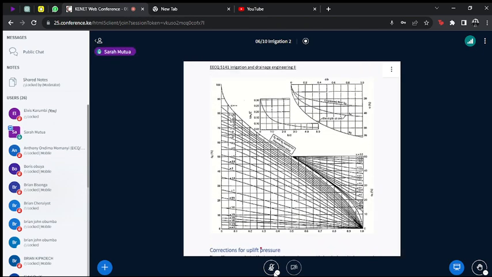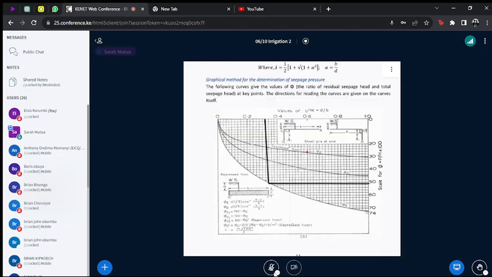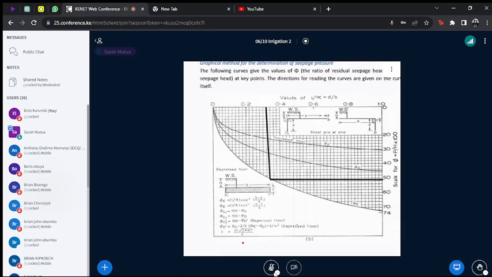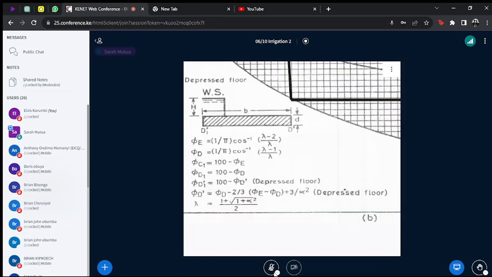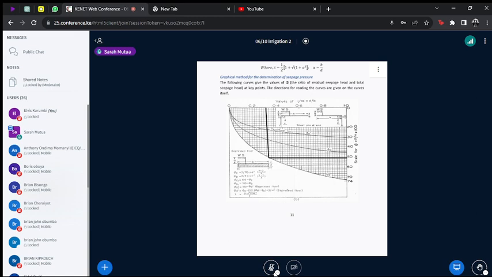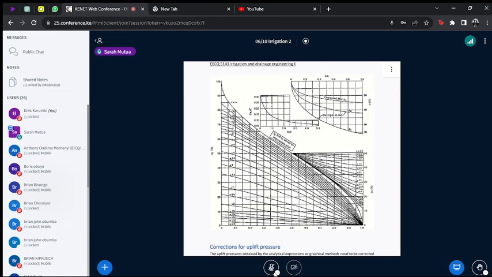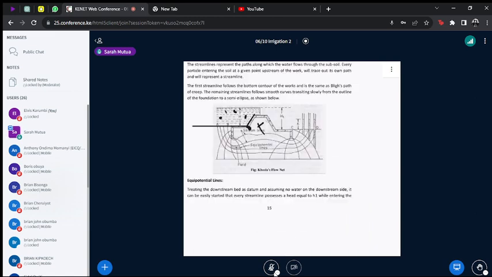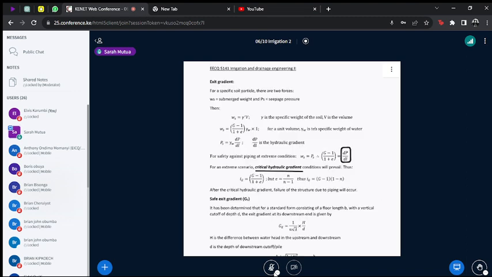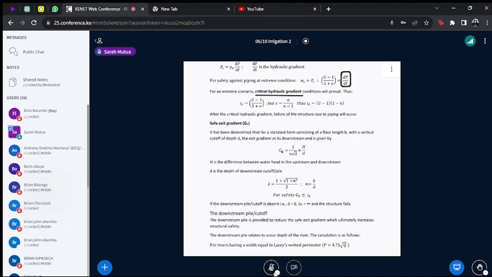Yes, it must be 1 over pi times lambda. We are going to adopt it as is. The exit gradient GE is 1 over pi times the square root of lambda, times h divided by d.